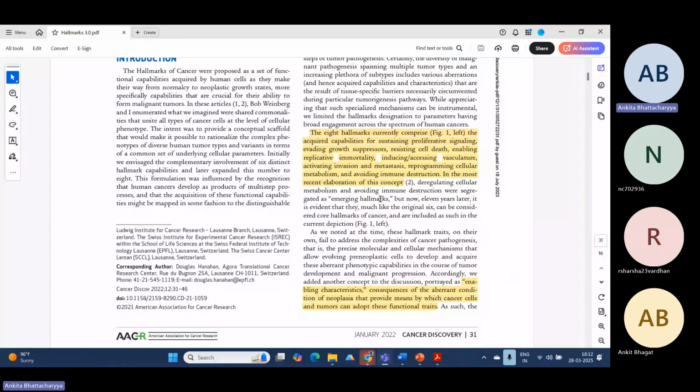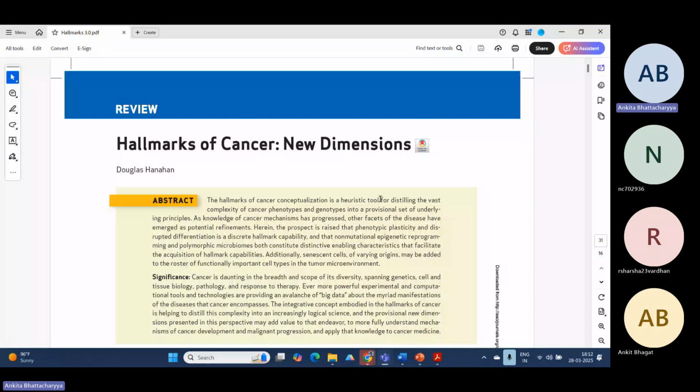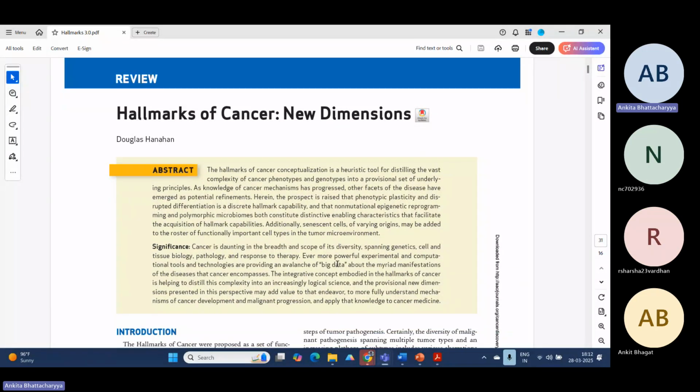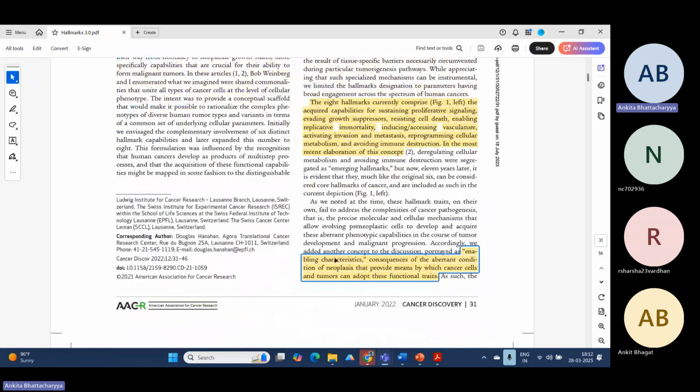Yeah. So if you open, this is the third paper called The Hallmarks of Cancer, New Dimensions. So within this, you'll see that they have mentioned that while these were the core hallmarks, which include the ones that we have discussed: sustained proliferative signaling, evading growth suppressors, resisting cell death, enabling replicative immortality, inducing vasculature, activating invasion and metastasis, and reprogramming cellular metabolism, avoiding immune destruction.